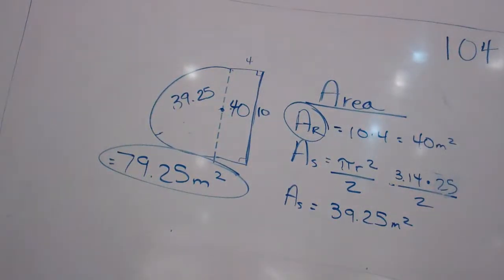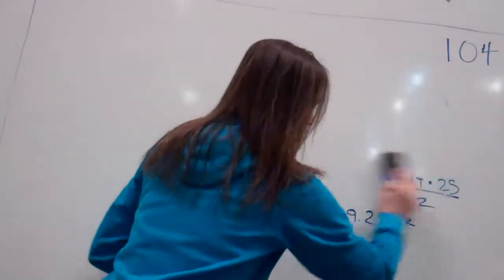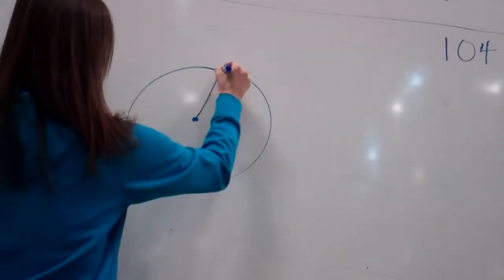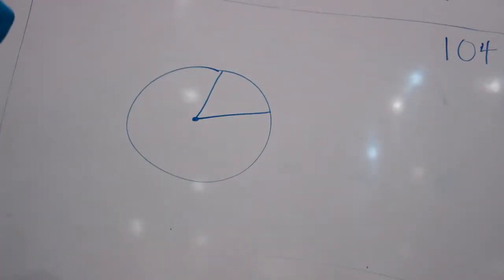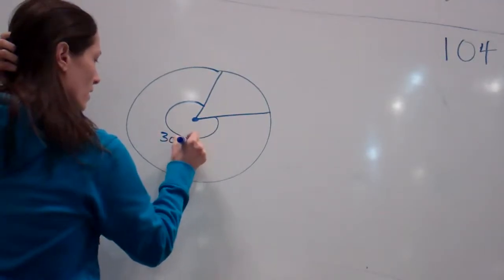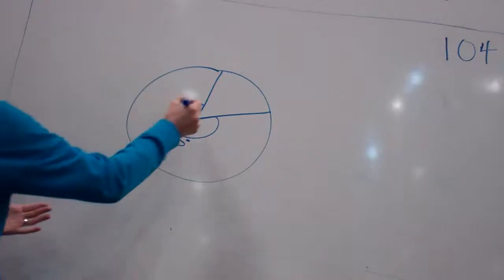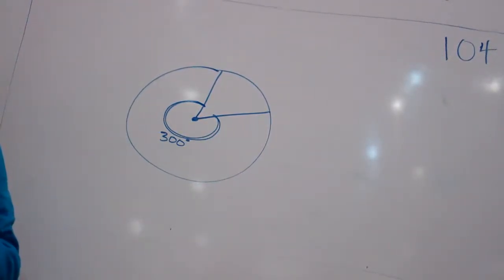Mm-hmm. Okay. Now, sometimes they're going to give you something that looks like this. Okay. And they're going to give you this information. That says that from here to here is 300 degrees.